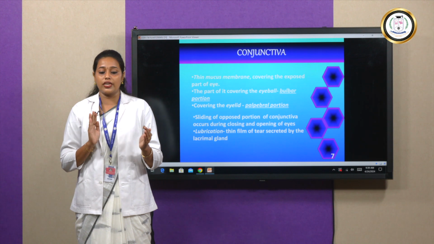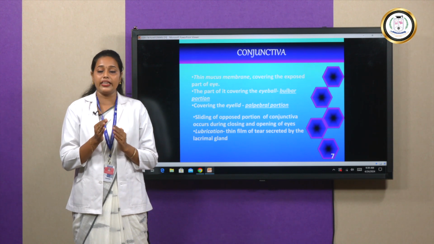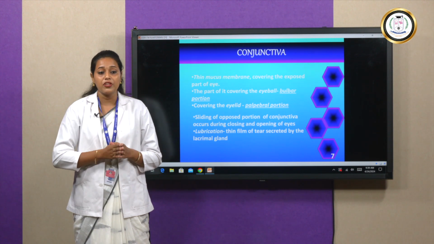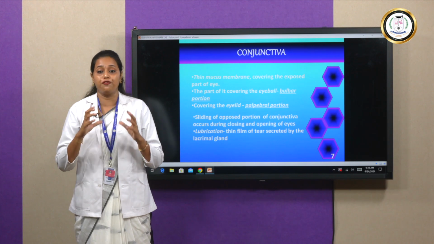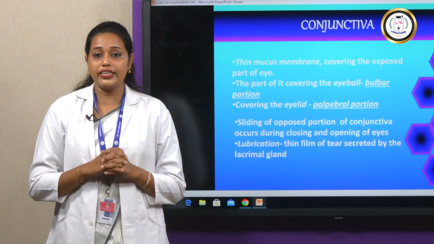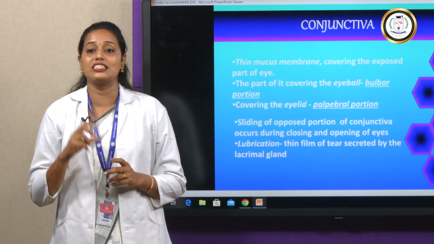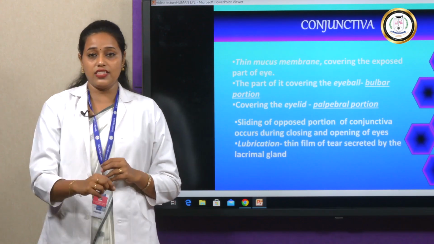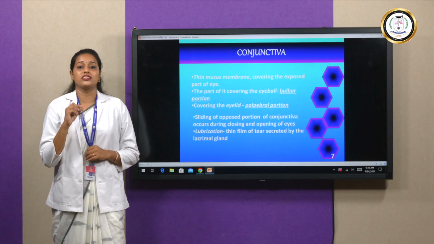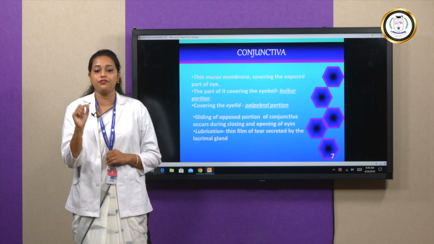When two components glide in opposite ways, what happens? There will be production of friction. In order to eliminate the friction, we need some sort of lubrication, and the lubricant here is a thin tear film.